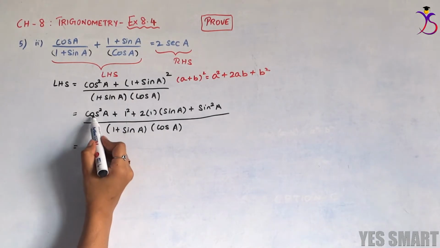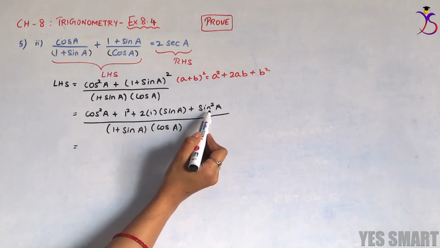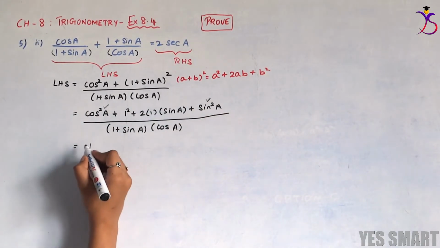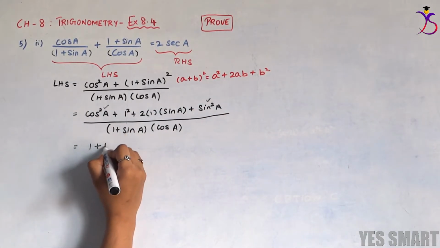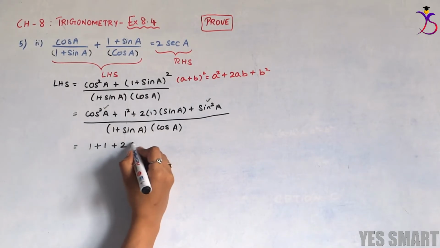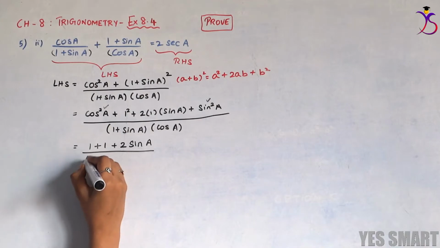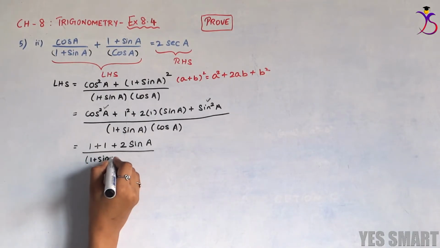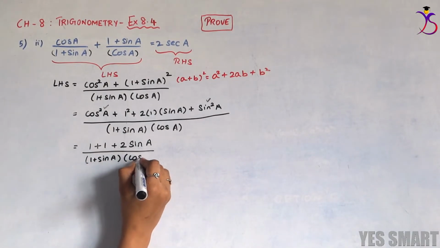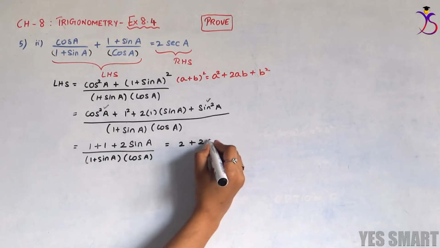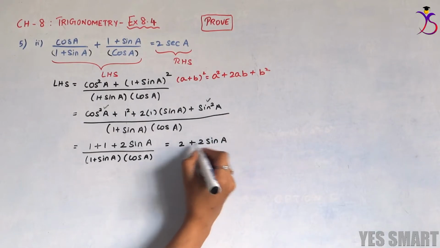Now we already knew that cos square a plus sin square a is 1. So I am just writing 1 here, plus 1 square is 1, plus 2 into 1 is 2, so 2 sin a, divided by the denominator, which I am just keeping as it is. Now 1 plus 1 is 2, plus 2 sin a. So the denominator remains the same.